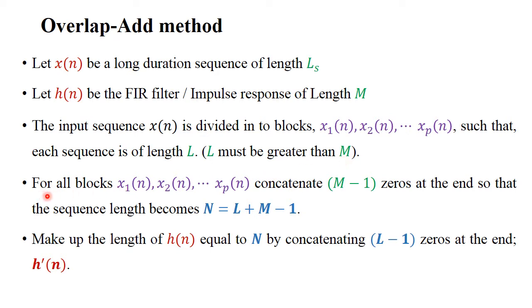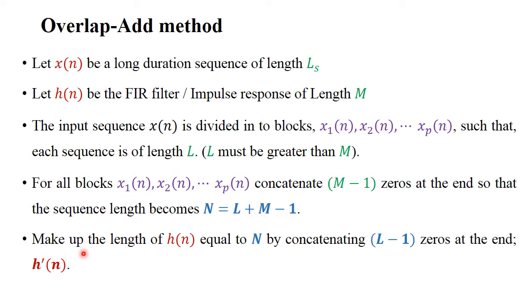Then for each block x1 of n up to xp of n, concatenate M minus 1 zeros at the end so that the sequence length becomes equal to capital N equal to L plus M minus 1.